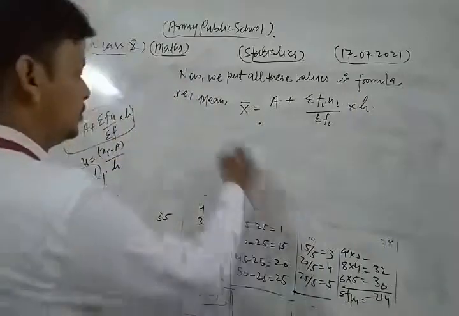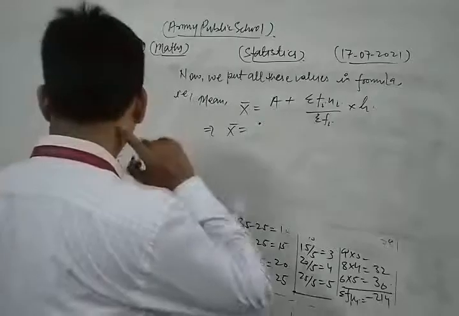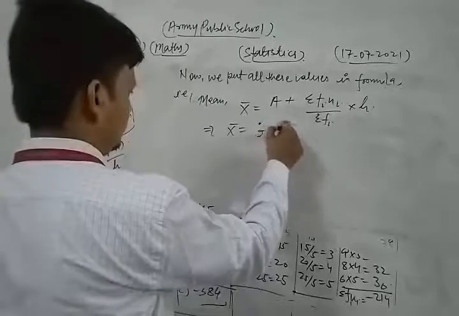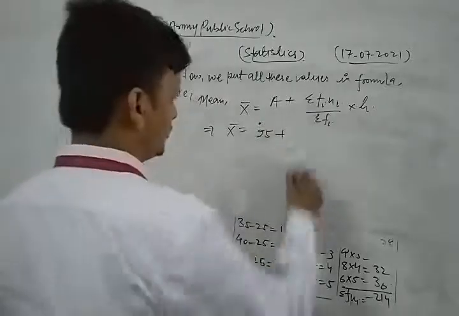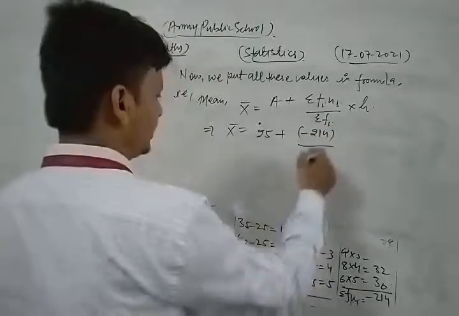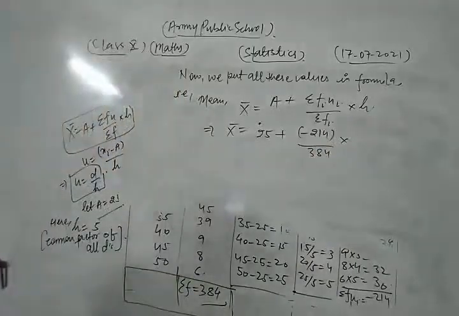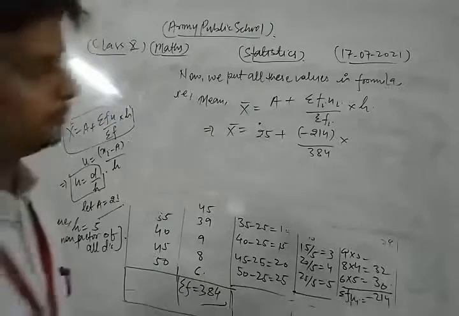So x bar is equal to a, which we took as 25, plus minus 214 upon 384 into h, and the value of h is 5.